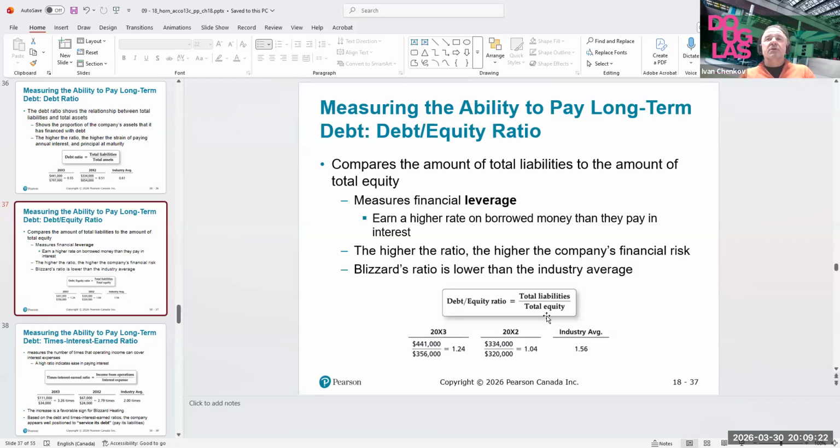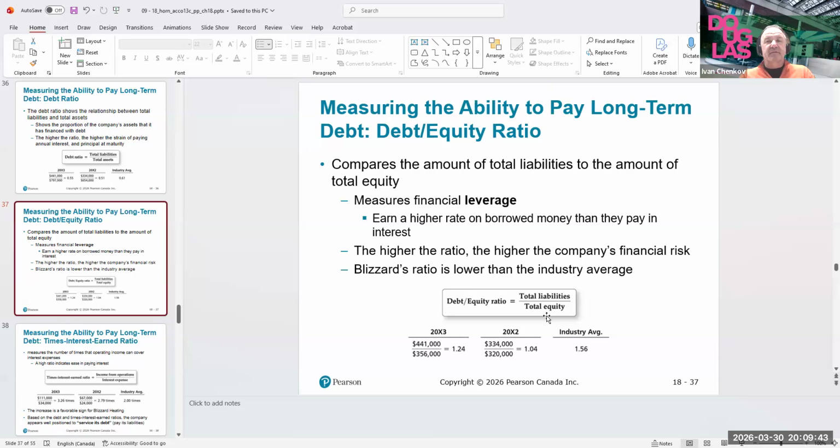Okay, so let's go with the leverage. Leverage is the proportion of debt to equity. We have here 1.24, versus the first year at 1.04, increasing to 1.24.